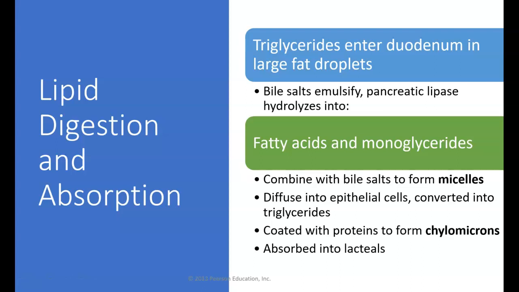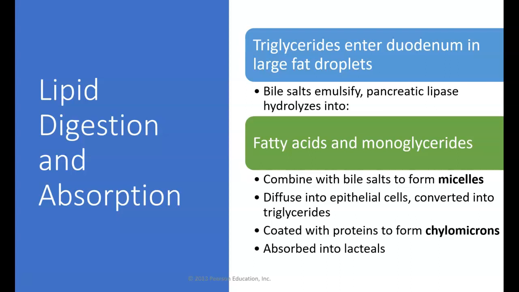Lipid digestion, so these are going to be fats, they're going to enter the duodenum in large fat droplets. So we have to break down fat, or we call it emulsify them. We use bile salts to do that. We also use pancreatic lipase, and we're going to break those fat droplets down into its building blocks, which are fatty acids and monoglycerides.